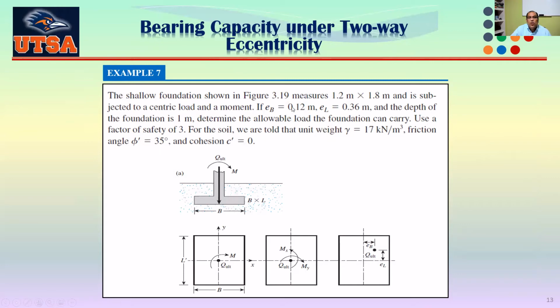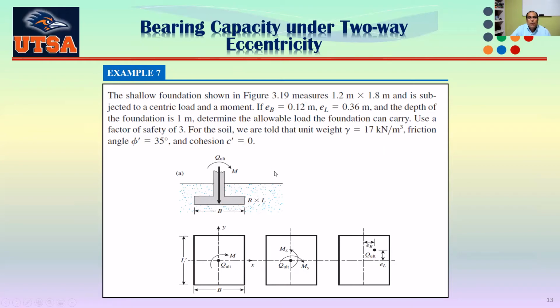If EB equals 0.12 meter and EL equals 0.36 meter and the depth of foundation is 1 meter, determine the allowable load the foundation can carry. Use a factor of safety of 3 for the soil. The unit weight is 17 kilonewton per meter cube, friction angle phi prime is 35 degrees and cohesion C prime is 0.